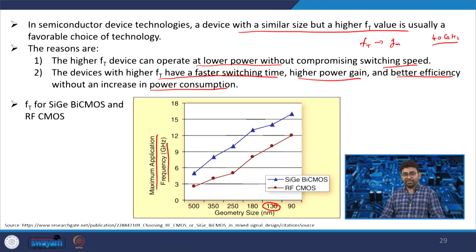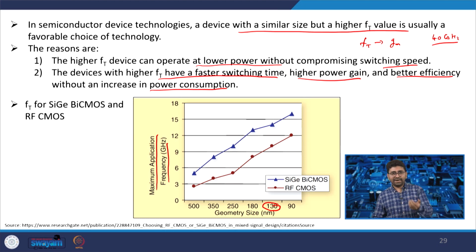It will not be more than 120 gigahertz. That depends upon the process and manufacturing company, because different technologies have some variation. Even if it is the same node, there is some variation in the FT.